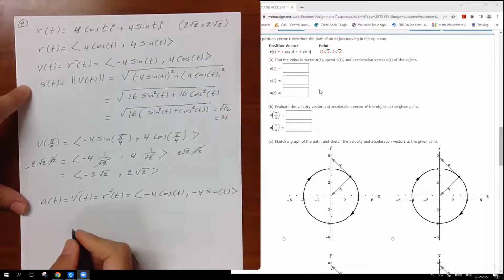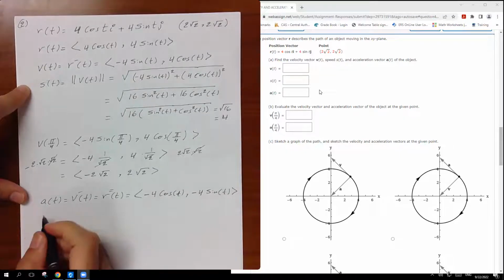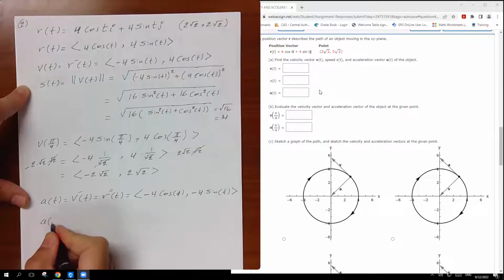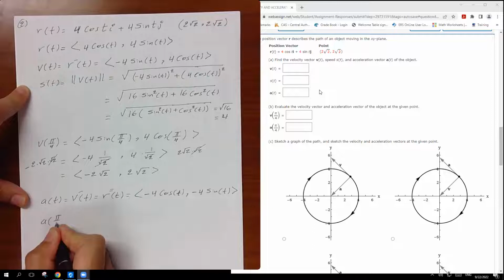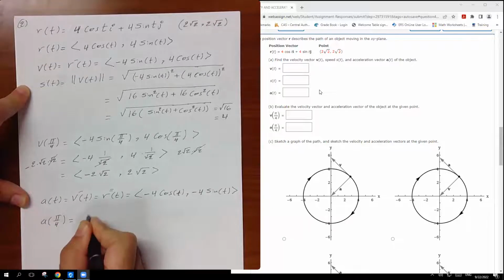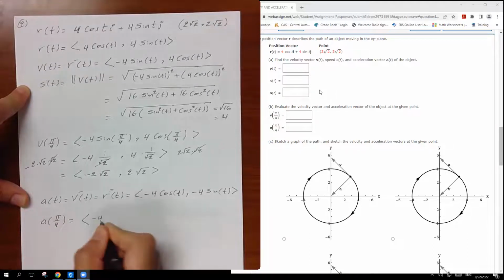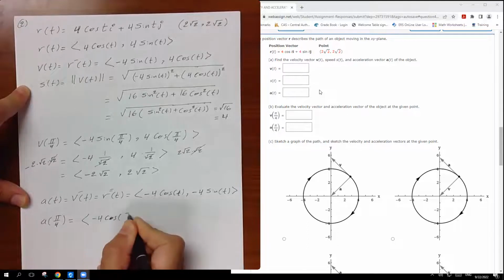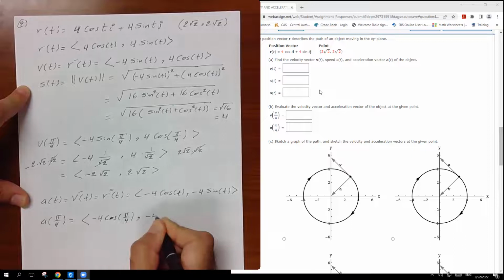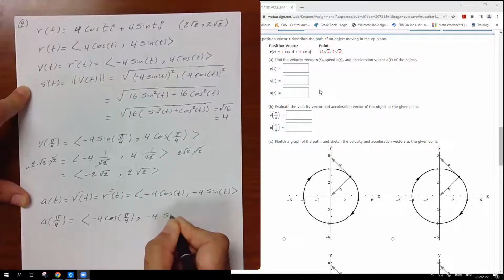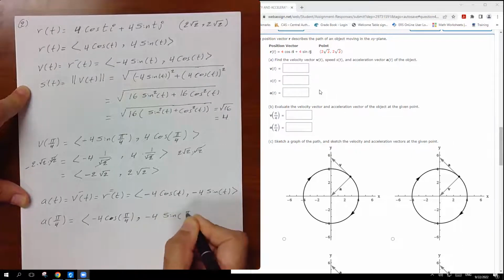Now, this is the acceleration. To find the acceleration at pi/4, it is going to be -4 cosine of pi/4 and -4 sine of pi/4.